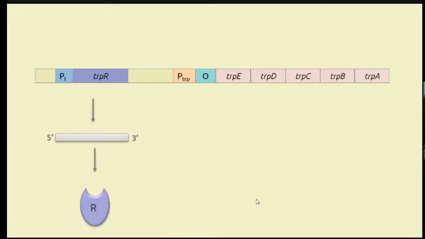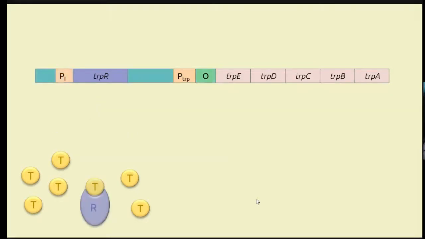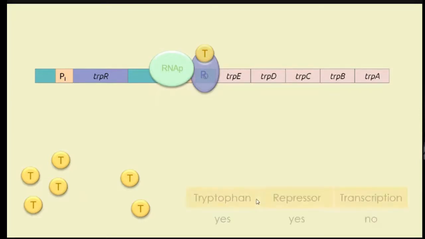tandaan. So when the regulatory gene produces a repressor protein and there is available tryptophan in the cell, magbabind yung tryptophan doon sa repressor protein. And that repressor protein will bind to your operator and prevent the RNA polymerase from transcribing the trp operon.